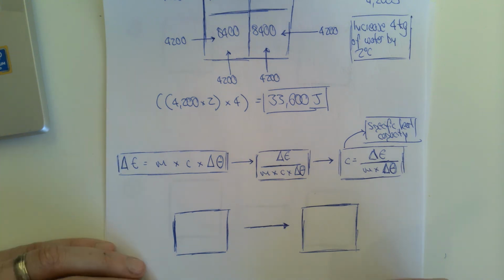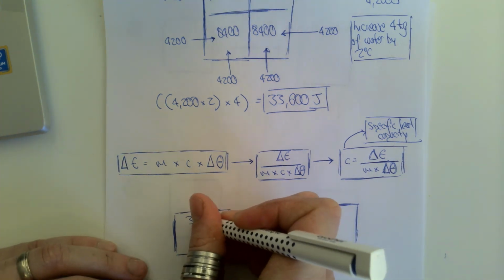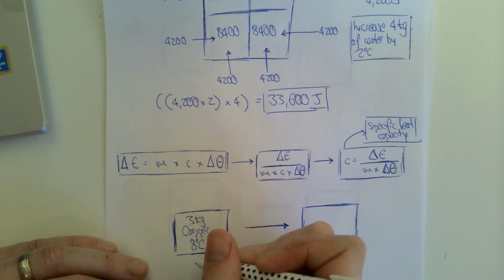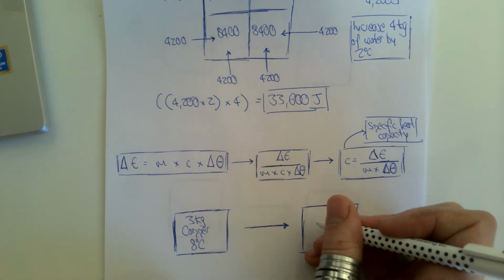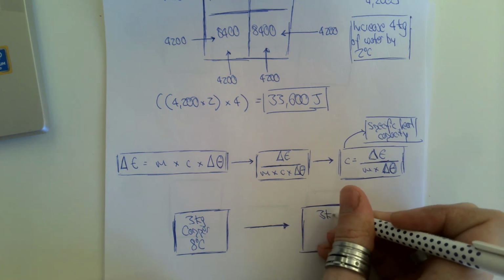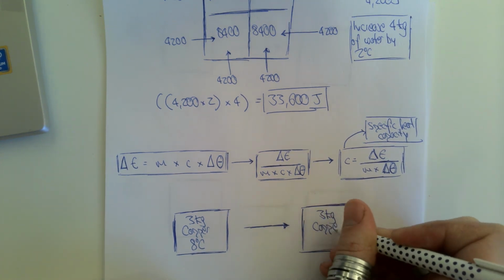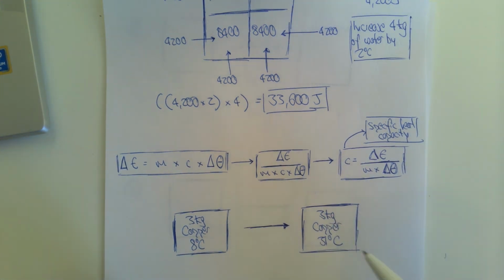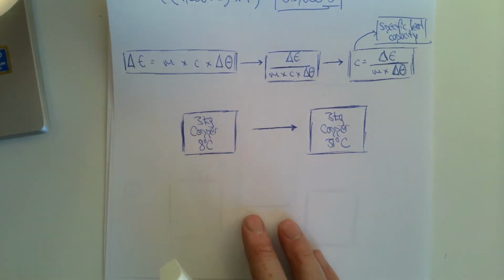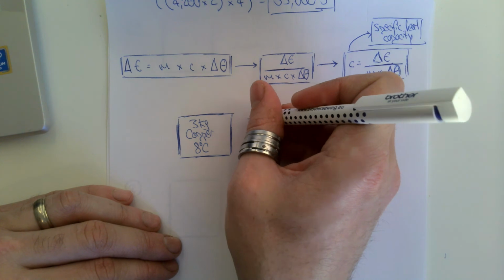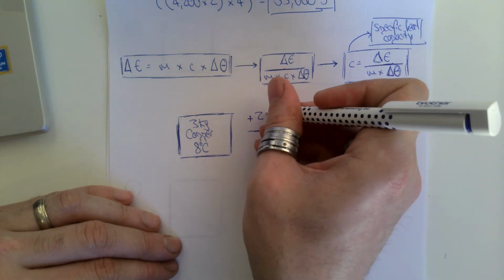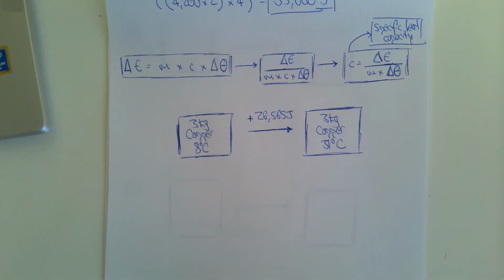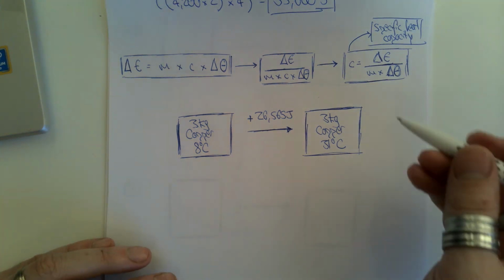So if we take an example where we've got 3 kilos of copper at 8 degrees Celsius, and we've got 3 kilos of copper at 31 degrees Celsius, and we know that in order to change that temperature, we've had to apply 26,565 joules of energy.